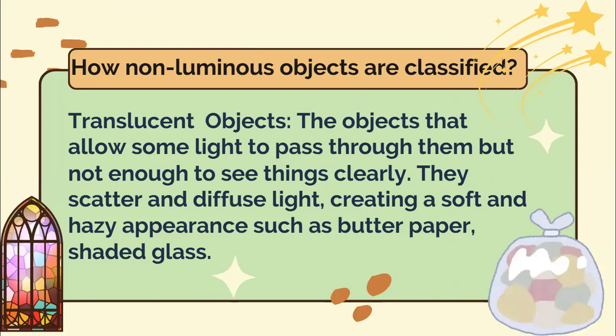These objects only allow some light to come through, but not enough to see things clearly. They scatter and diffuse light, creating a fuzzy appearance like butter paper and stained glass.